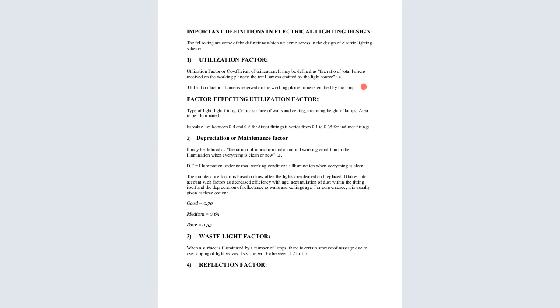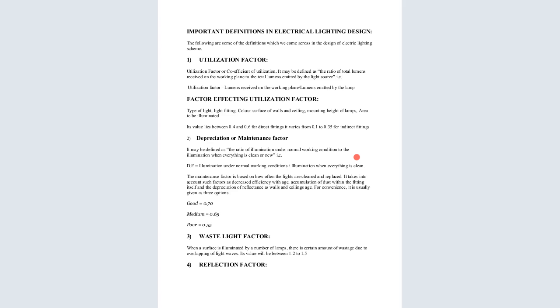Another thing that can affect the utilization factor is the mounting height of lamps, meaning the height at which we mount the lamps above the area to be illuminated. The height is something that we are going to put into consideration when we are doing the design.